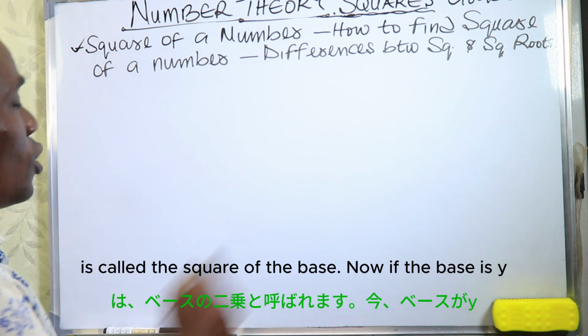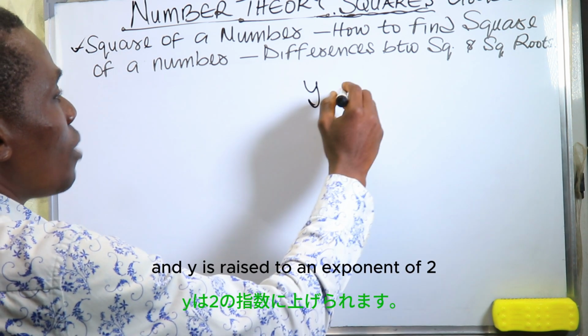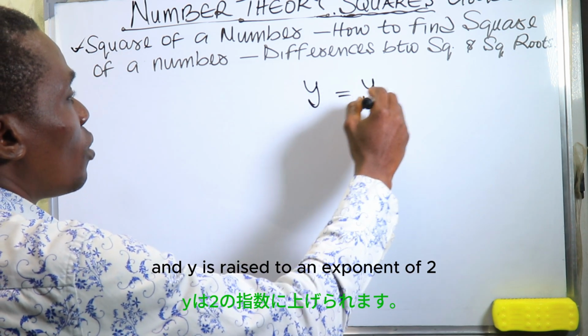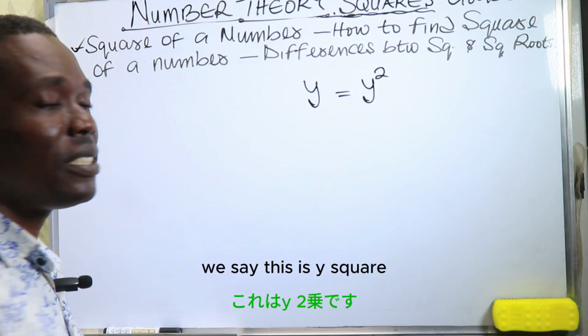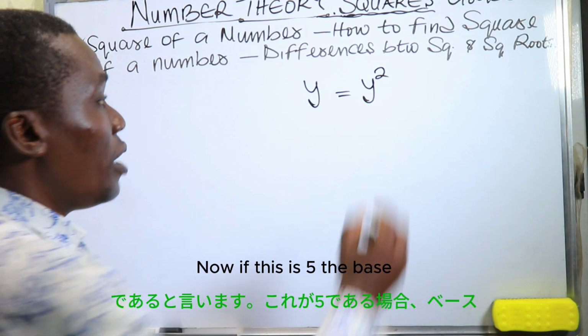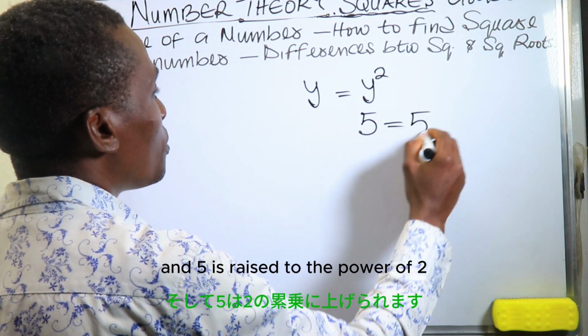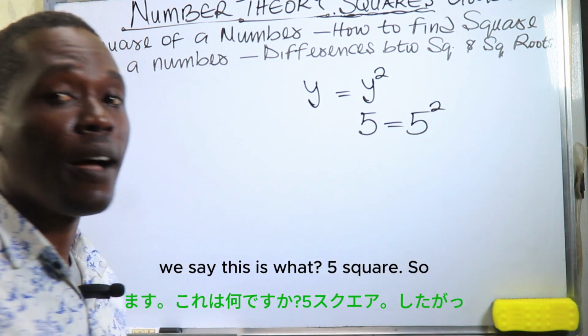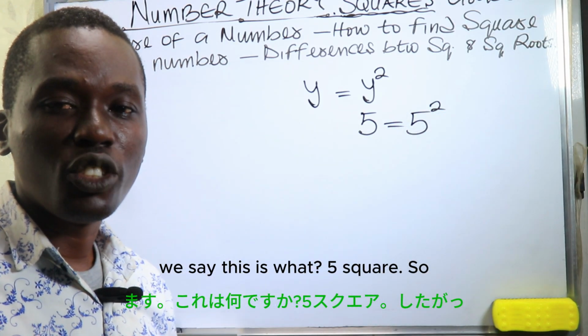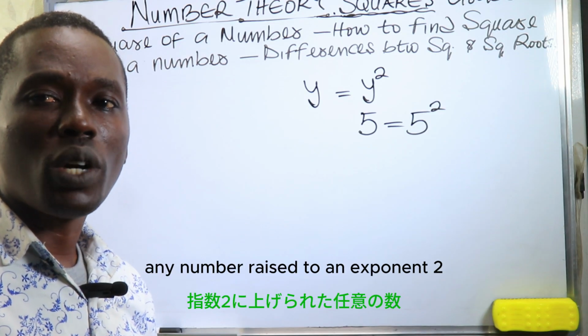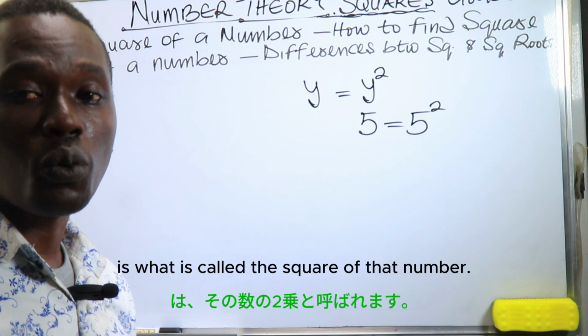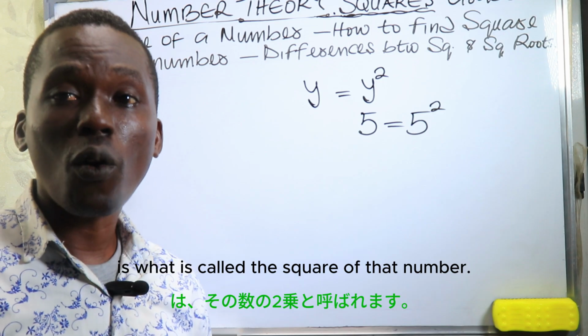Now if the base is y and y is raised to an exponent of 2, we say this is y squared. Now if the base is 5, and 5 is raised to the power of 2, we say this is what? 5 squared.